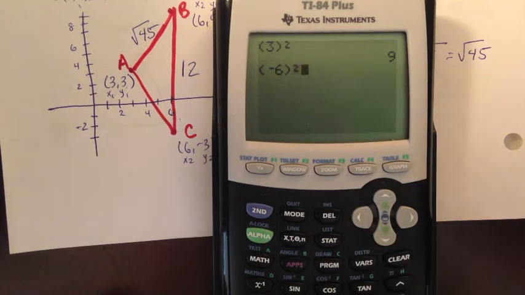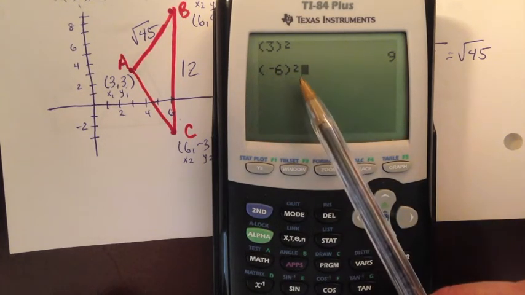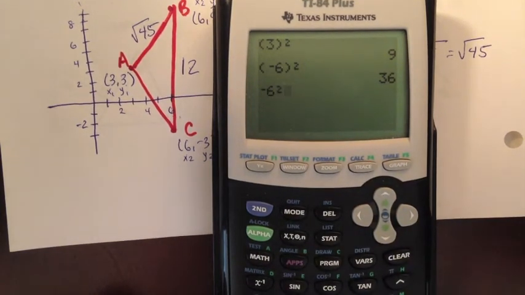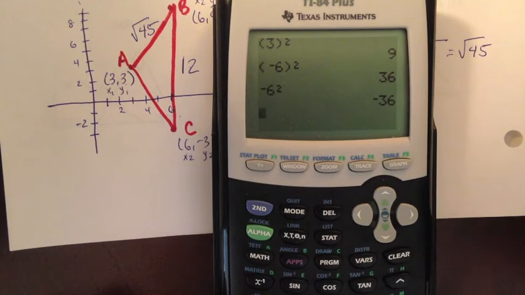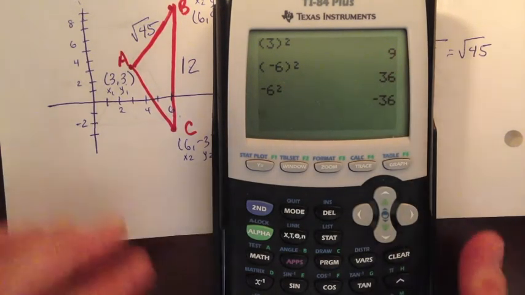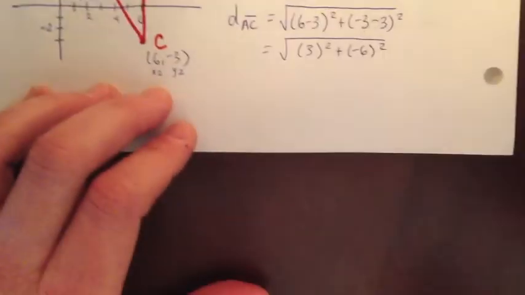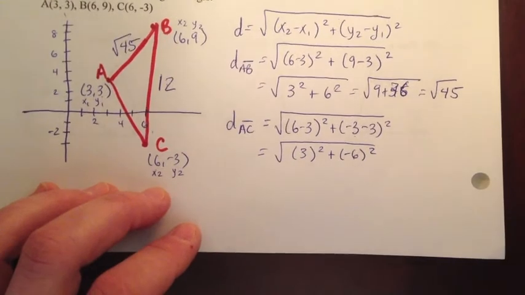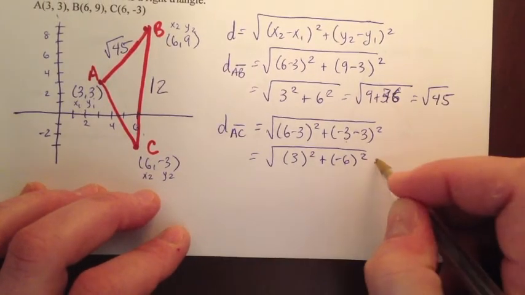A negative times a negative is a positive. And if I type it without the parentheses, I'm going to get the wrong answer. So I need to put that in parentheses. It's 9 plus 36, which actually gives us the same thing. We get the square root of 45.